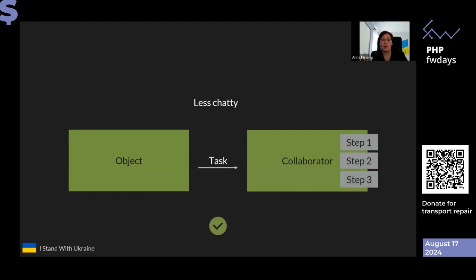So the less chatty approach is we modify the collaborator so that all the steps are taken care of by the collaborator. Instead, the object only sends all the information up front for the collaborator to be able to do all of these steps without having to go back to the object.